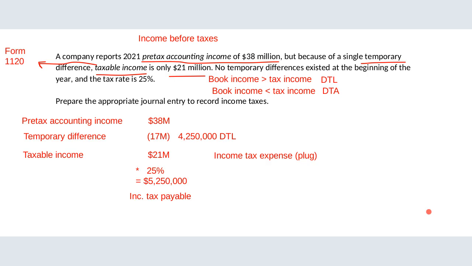Oops. Okay, and then we have our income tax payable of 5,250,000. So then we have our income tax expense of 9,500,000. Okay, so that's the journal entry. Any questions?